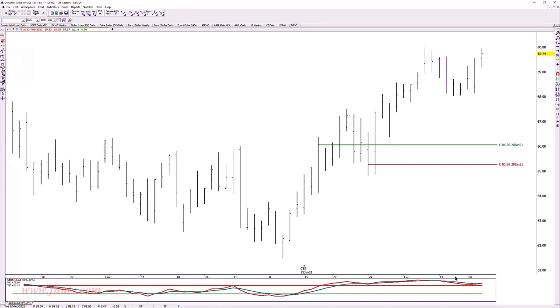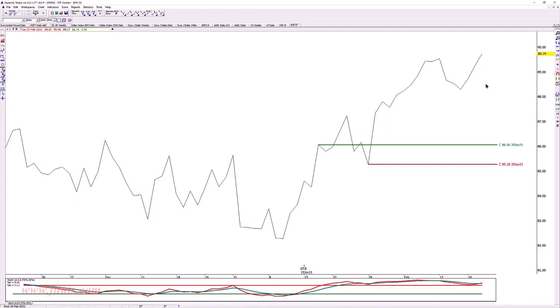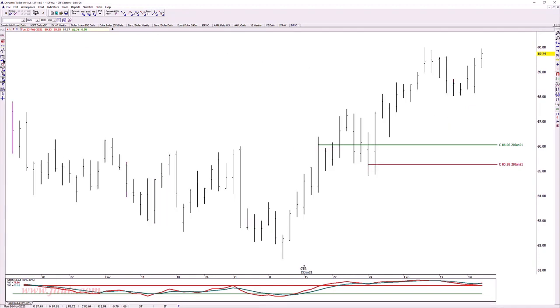Again, we didn't even get out of the overbought zone, but it's certainly a spot where we've had that momentum cycle reversal that we want to bring the stop closer to the market. And we've also made a new closing high. So if we looked at just closing data, we can see that we made a correction and then a new closing high. So obviously we're going to bring our stop up close to the market.